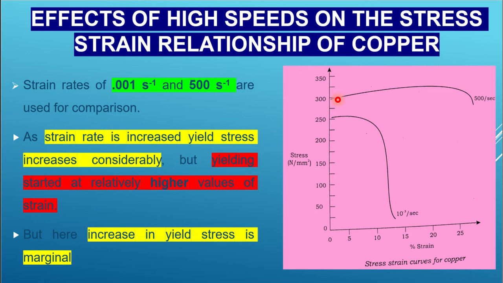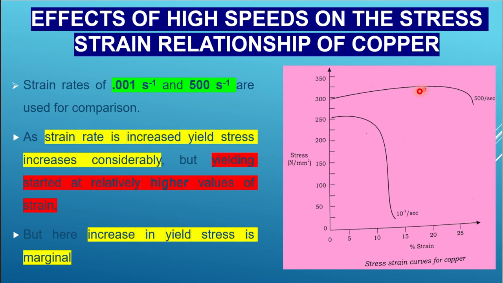Here you can see yield strength is more, but yielding starts at relatively higher values of strain. For copper, yielding starts at relatively higher values, even though here we cannot exactly differentiate between the two yield strengths.